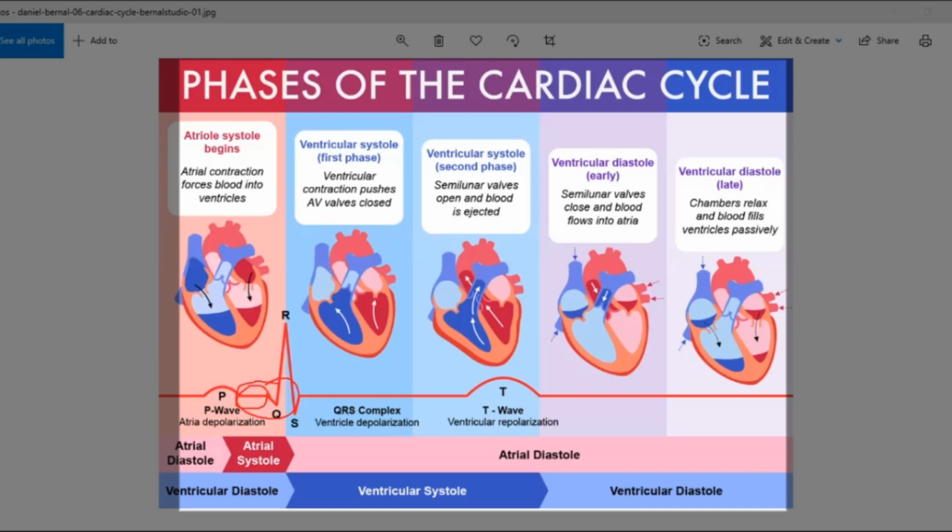And right before the QRS, or during the P wave. Atrial diastole and atrial systole occur during the P-QRS side of things, okay? And the P wave is very, very important for atrial depolarization. We need the atria to contract because contraction forces the blood into the ventricles.